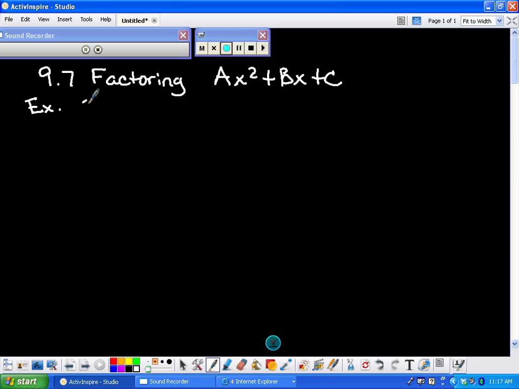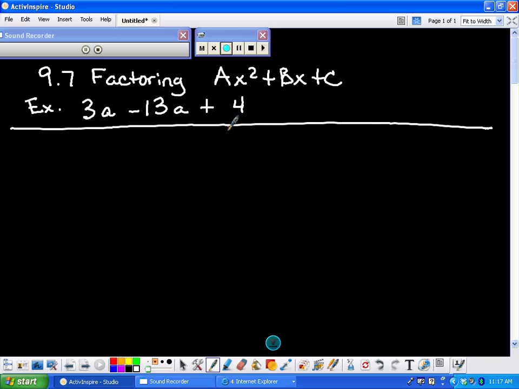So let's say that we have 3a squared minus 13a plus 4. The very first thing I told you to do was write your steps on the left-hand side and do your work on the right-hand side. The first step is to write down the problem, so we've already done that.